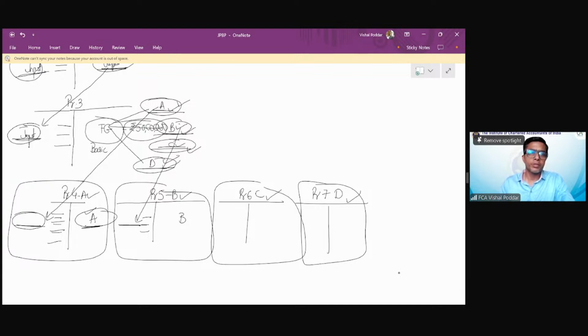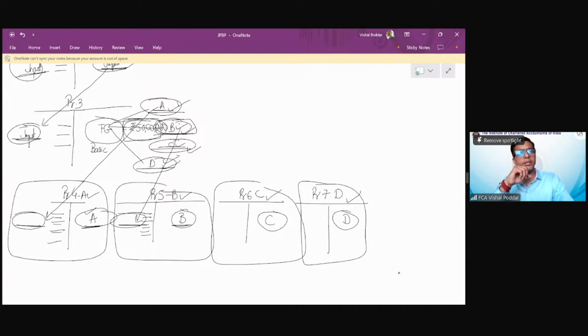Similarly for B, once I get the separate cost of B, that will become the input cost here. I will add the respective cost, whatever I've incurred in making the final product B. I will get final product B, which may be the mirchi flavor or the tikha flavor, and so on for C, so on for D. To get the final cost of each of these final products, I need to segregate this cost.